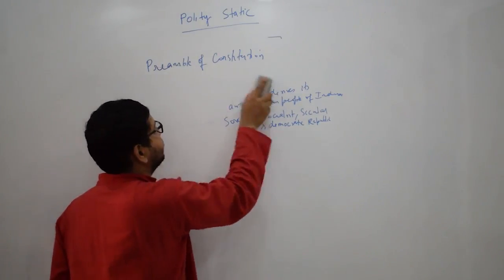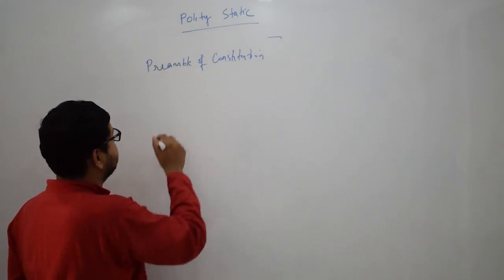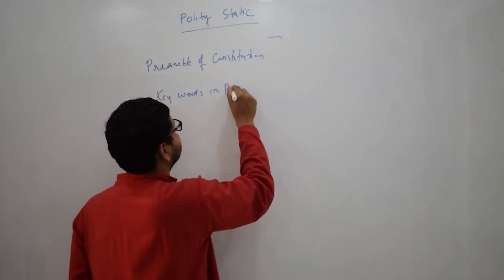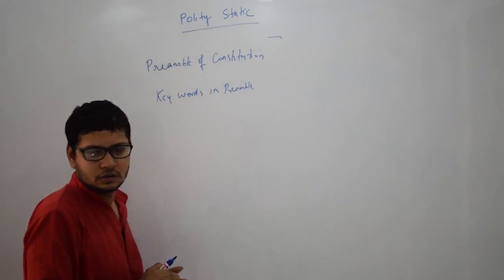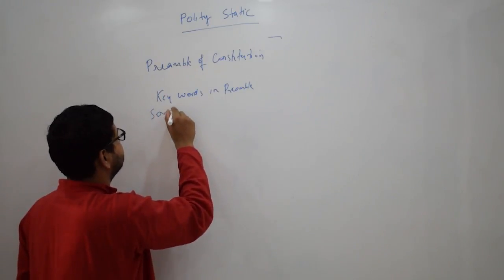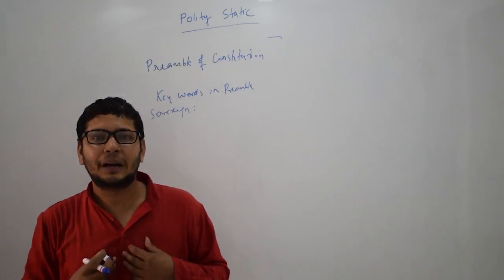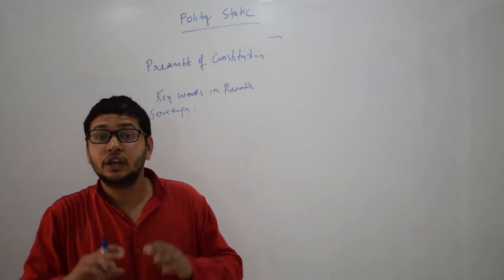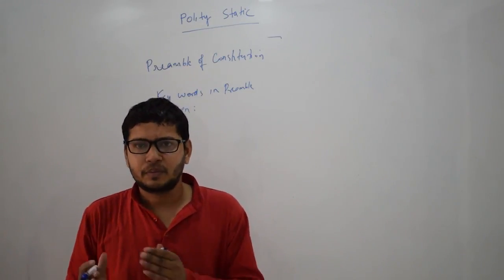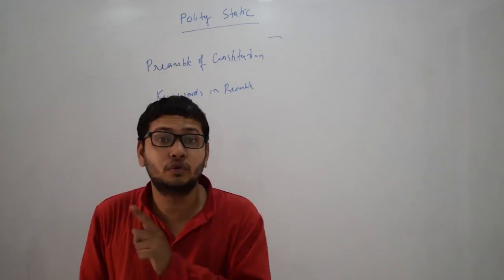So let's now briefly examine the key words mentioned in the preamble. The first word is sovereign. Sovereign means that there is no authority above it. You are completely independent in your own affairs. I'll give you an example. Australia, Canada, and New Zealand were independent, but they were not sovereign.